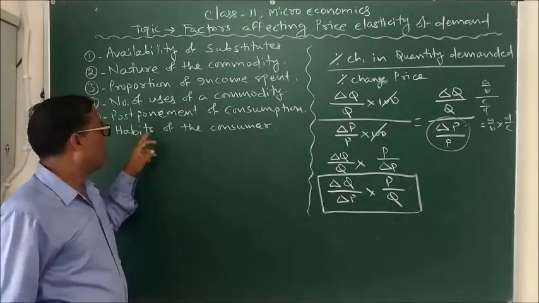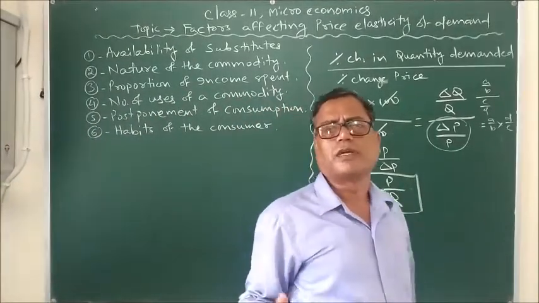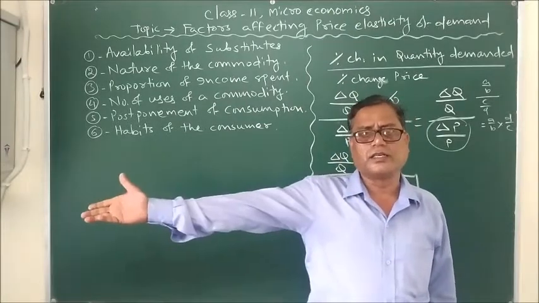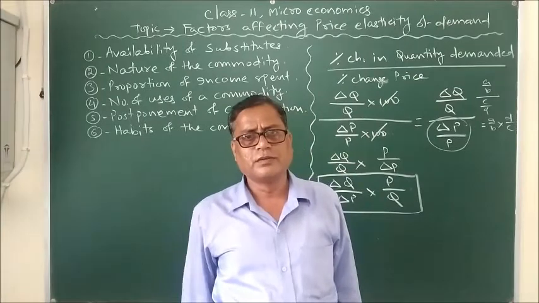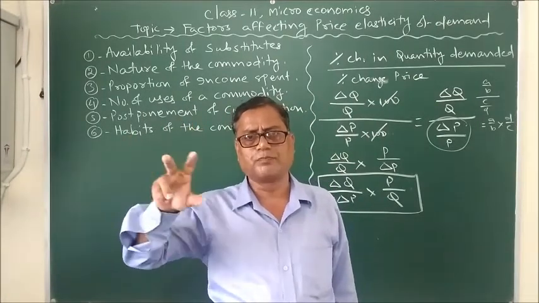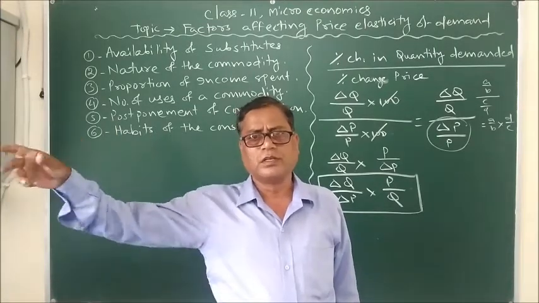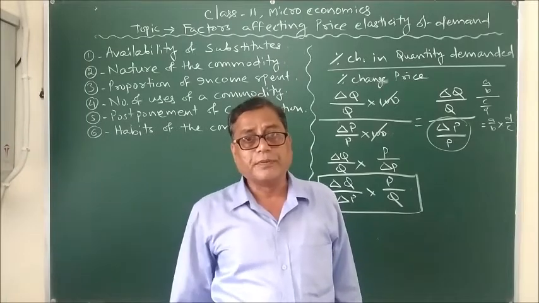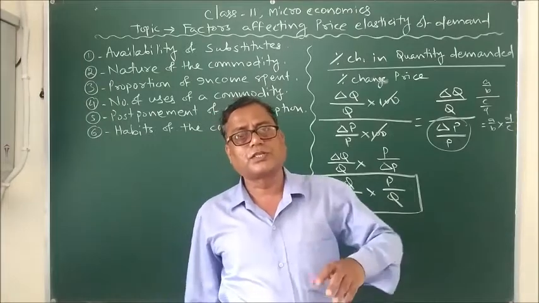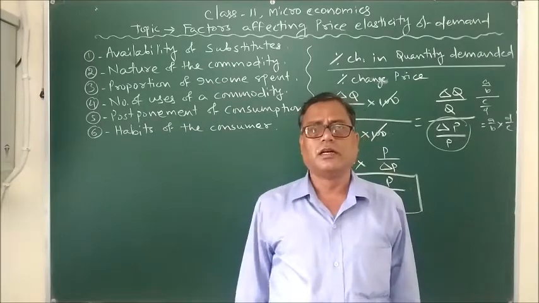Then the last point, habit of the consumer. So what happens, students? Sometimes consumers become habitual in the consumption of particular goods. For example, recently in the lockdown period, I have noticed that one type of toxic product, popularly called gutka, even if due to lockdown the availability became low and the price became almost double, the consumption didn't fall.